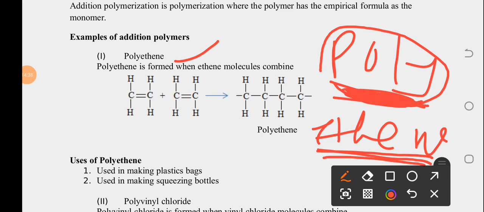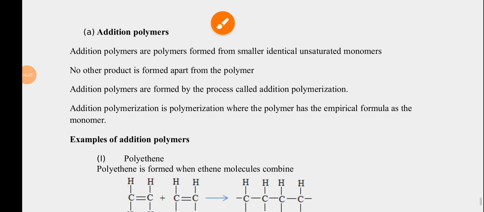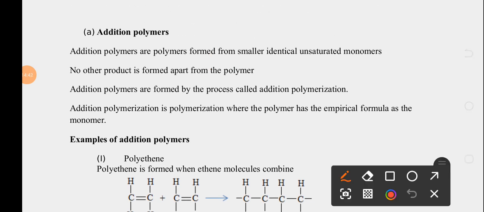And don't forget, addition polymers are formed from smaller identical and unsaturated monomers. When we talk of unsaturated monomers, we are talking about alkenes, because we have only saturated and unsaturated. When we talk of saturated, we are talking about alkanes.